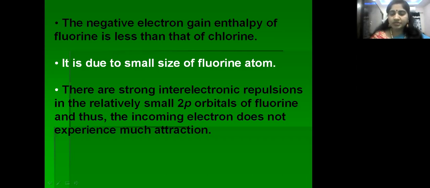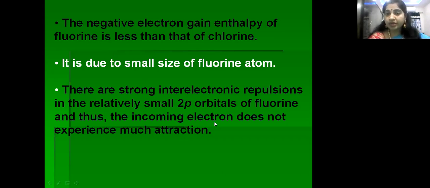Because it is having very small size, in the second shell itself, how many electrons are present? 7 electrons are present. If you give one more electron, there will be inter-electronic repulsion because of its small size. So because of that, it does not experience much attraction towards the incoming electron, right children?